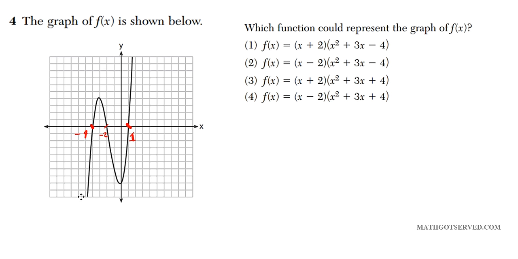So how are we going to create the function? Well, in order to do this, all we'll do is we'll set each zero or root to x. Okay, so we have x equals -4, and x equals -2, and x equals +1.